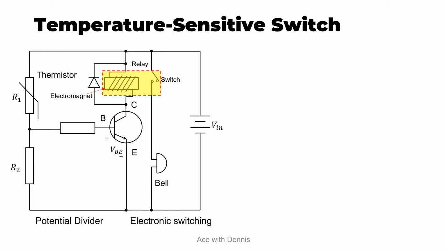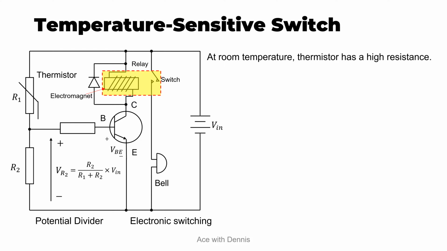A diode is connected in parallel with the electromagnet. Now, the potential difference across R2 we label as VR2. It is equal to R2 over R1 plus R2, times Vin. At room temperature, the thermistor has a high resistance.